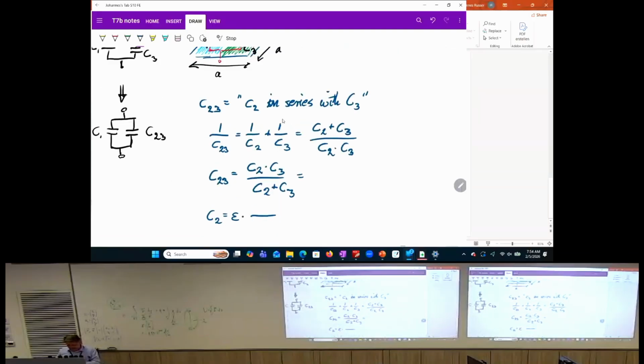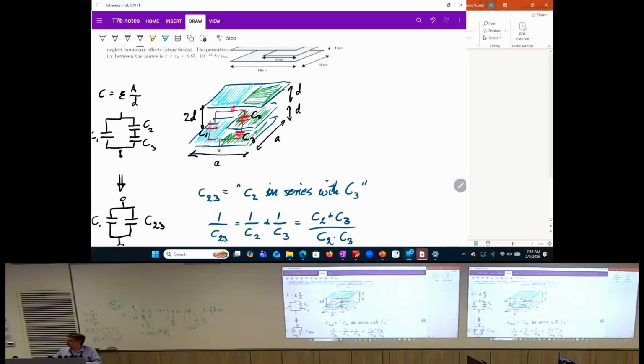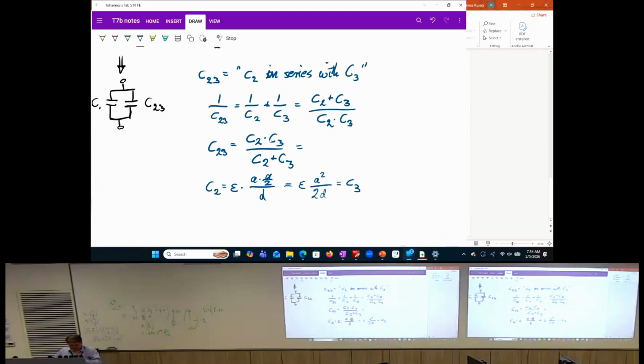So we have A times a half divided by d. And that is basically epsilon A squared over 2d. And this is also the same as our capacitor C3, right? Because they are identical here. C3 and C2 is a series connection of two identical setups.